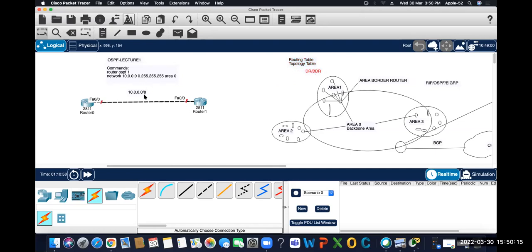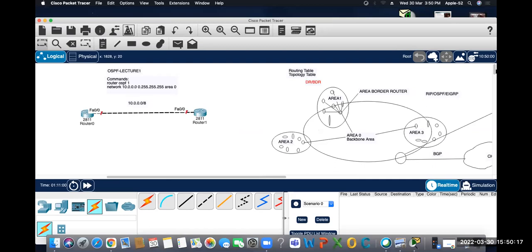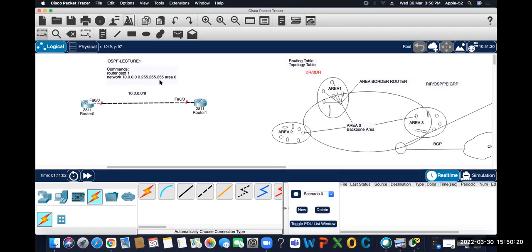For example, if you have a /8 subnet mask, you will write 255.0.0.0 and subtract it from all 255s. Whatever this answer would be, that would be your wildcard mask bit.